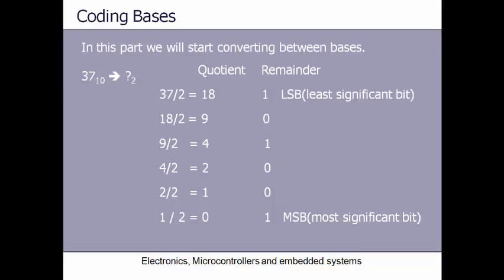As we see here, we start with 37 divided by 2, it's 18, and the rest is 1. We put it there, and that rest is the LSB of our binary combination. LSB, what is that?